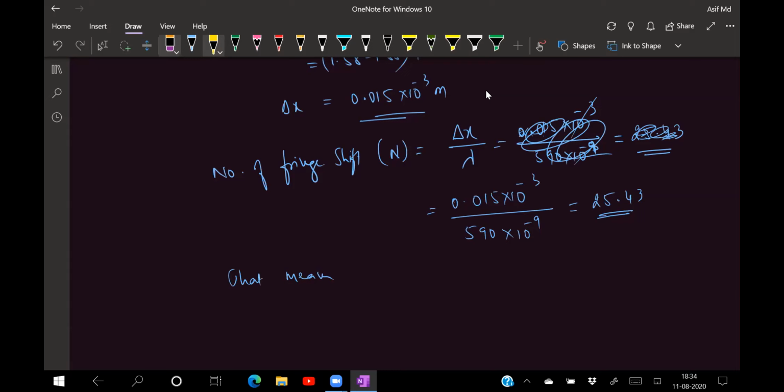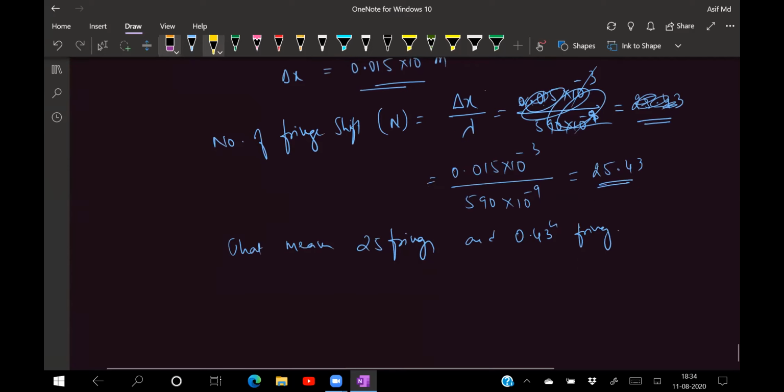That means we have 25 fringes and a 0.4th fringe. That means how many bright and how many dark?